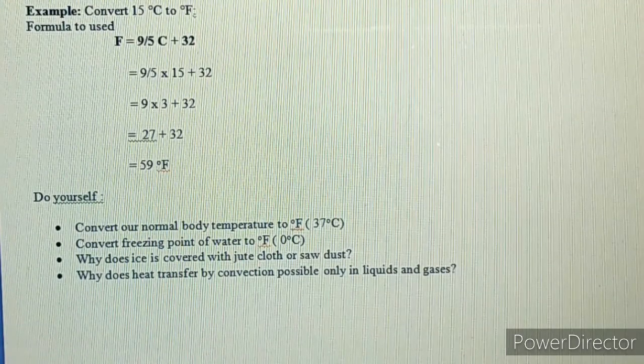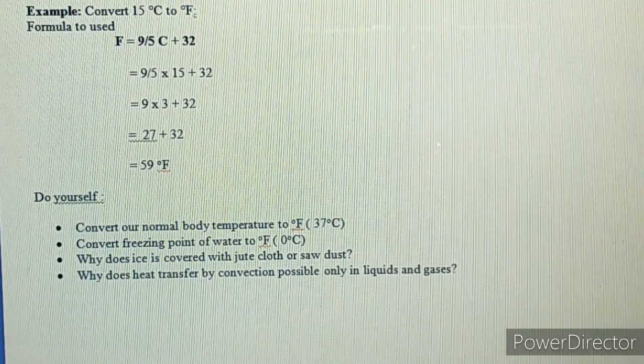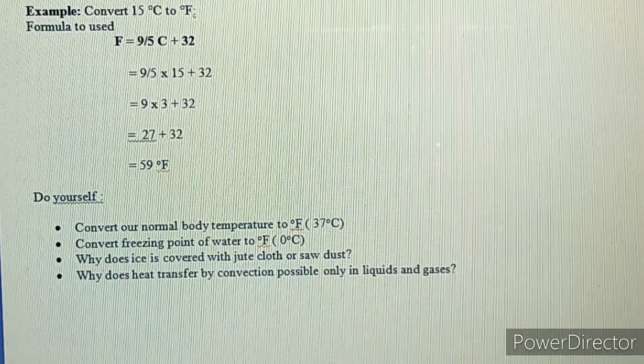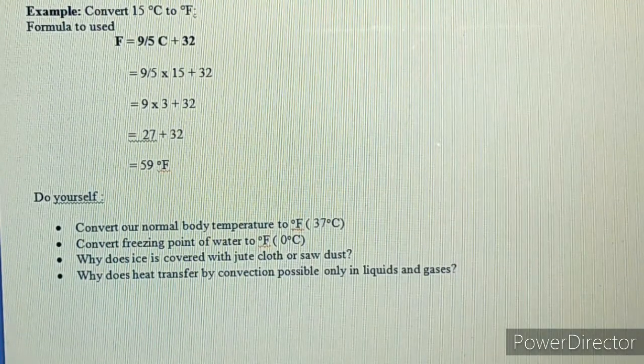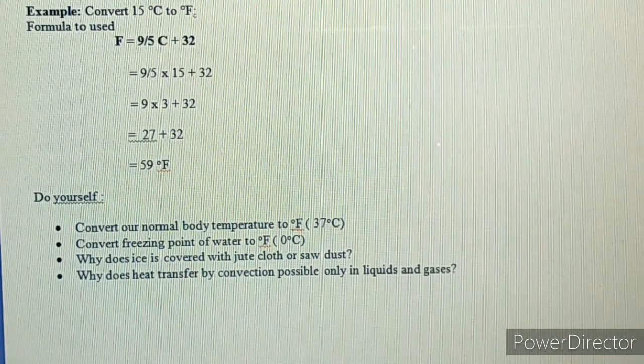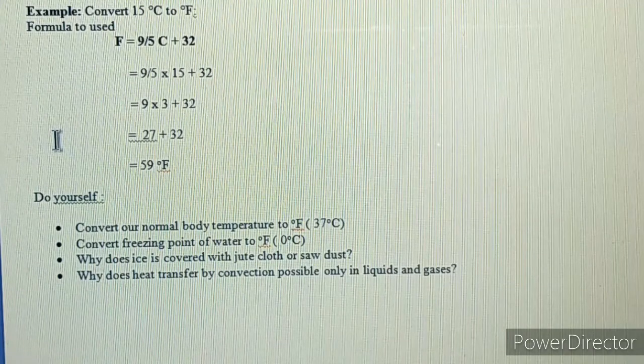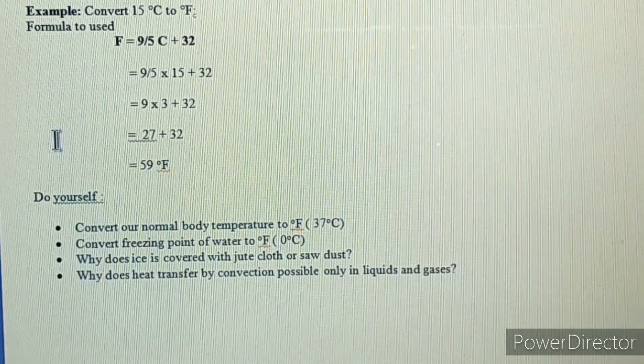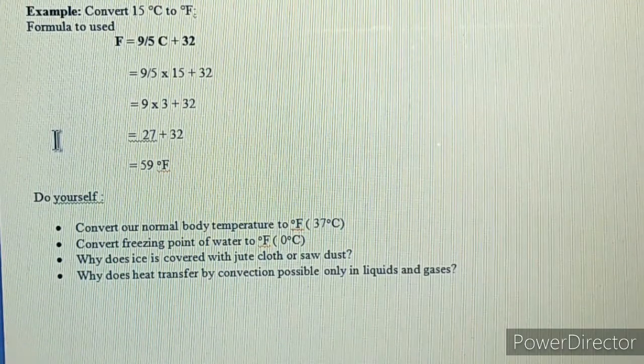Please do some of the activities related to heat and temperature. You can check the normal body temperature of your parents, and sometimes you can take the temperature of tea also. You can take the temperature of ice cold water also.